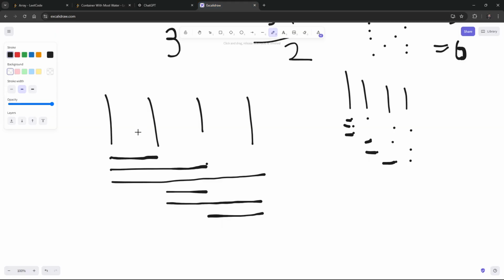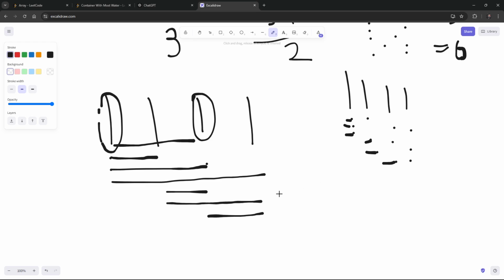What I'm trying to do is, if these four are the lines, and this line is smallest and we are comparing this line with this line, then we have to multiply this distance, or the length or width, whichever we call it, with the height of the line.